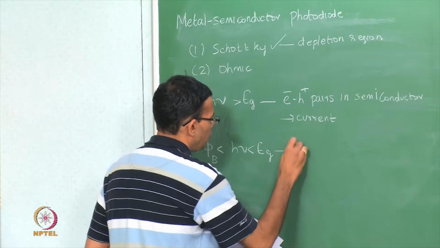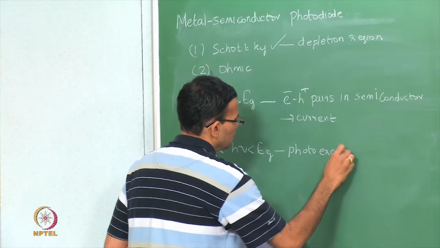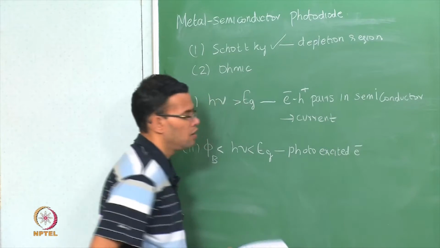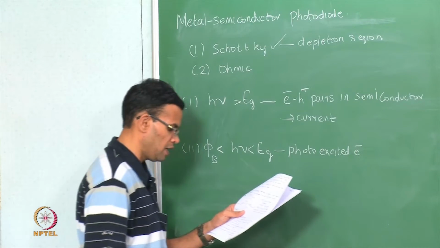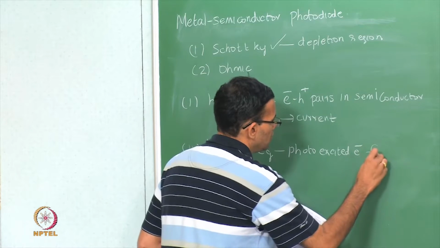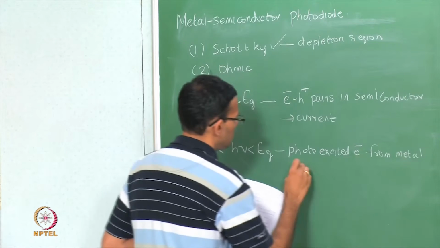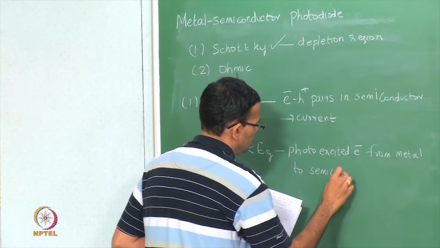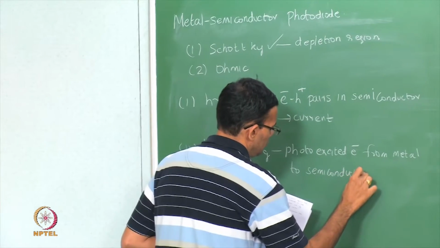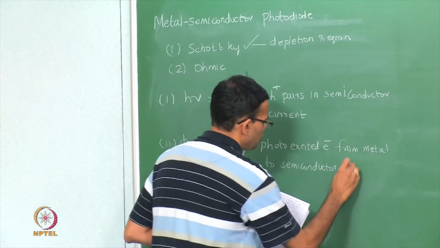So, you can have a photo excited electron from the metal crossing over the Schottky barrier into the semiconductor. This process is called internal photo emission.